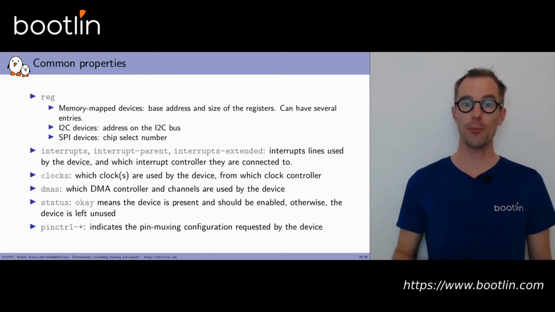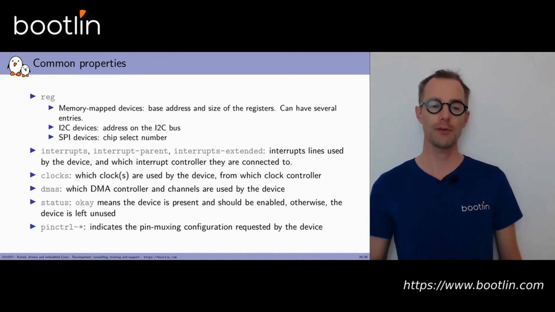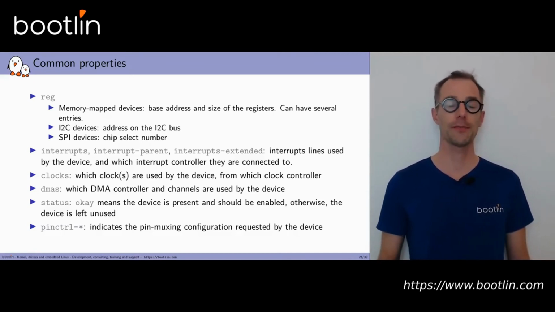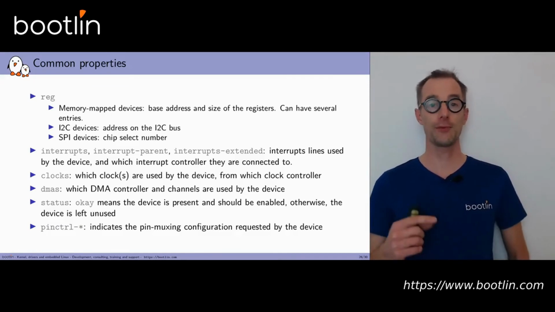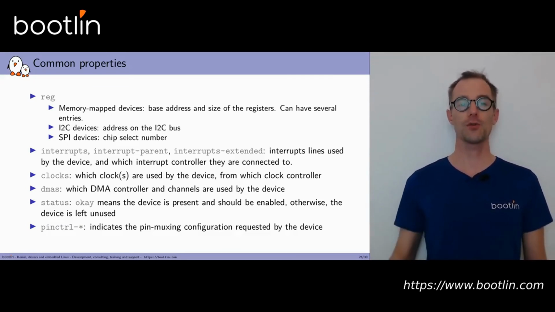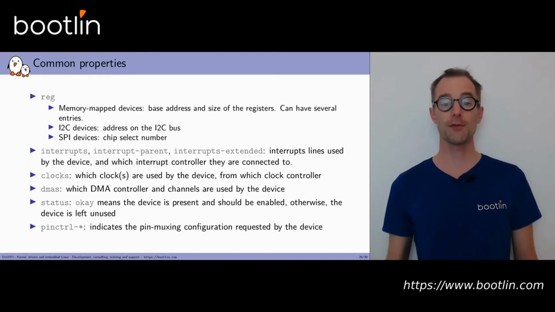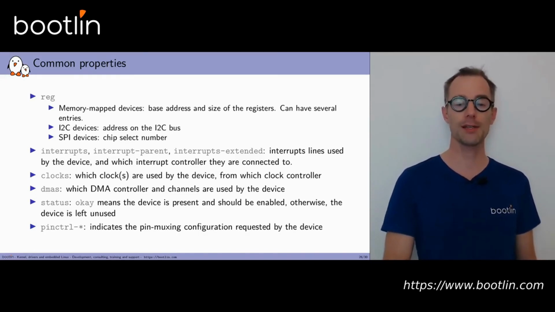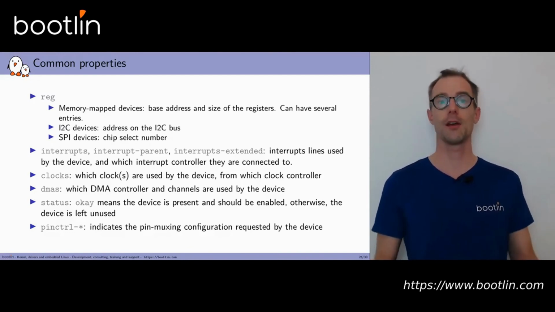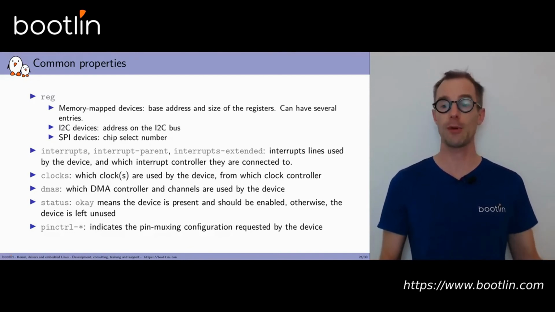Besides this compatible property that mainly identifies the driver, we have a number of other important properties that are commonly used. The reg property has different meanings depending on the device that uses it. If it is used to describe a memory mapped device, the reg property provides the base address and the size of the I/O registers to communicate with that device over the memory mapped bus.